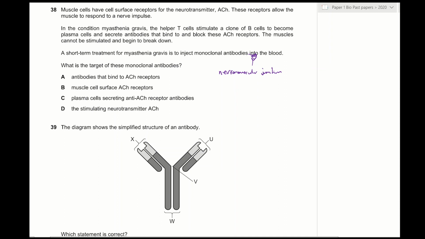Antibodies that bind to ACH receptors. This is totally correct, because here antibodies are produced against self-antigens and we are trying to stop these faulty antibodies binding to the neuromuscular junction. So the only way is to produce a monoclonal antibody that's going to bind with that self-antibody to stop it binding to the neuromuscular junction receptor. So A is going to be the correct answer.